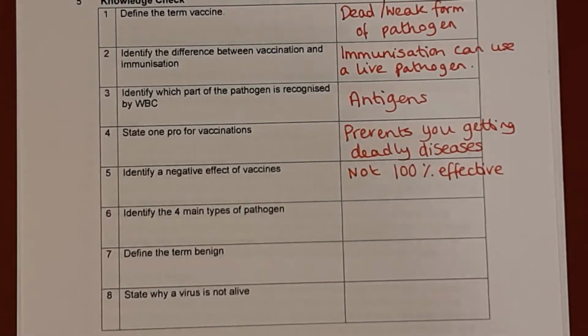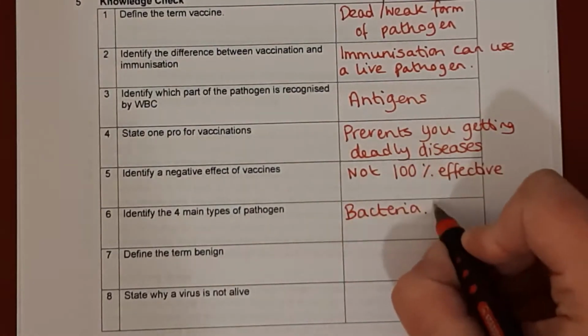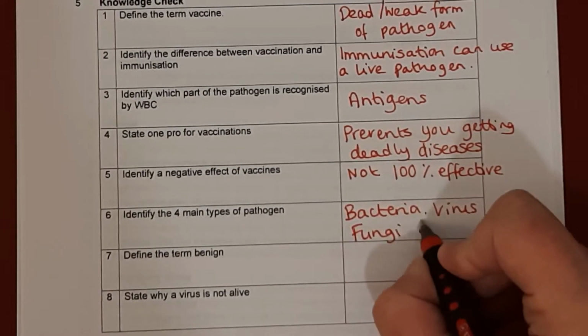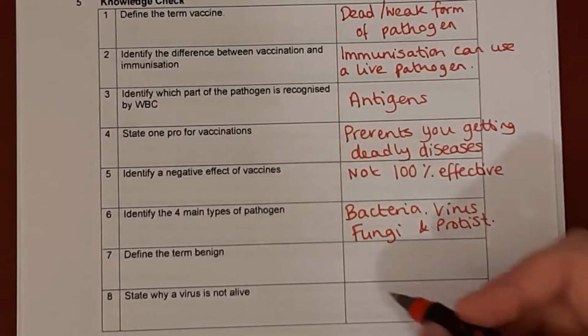Identify the 4 main types of pathogen. So we've got bacteria, virus, protist, and fungi. Question 7. Define the term benign. So a tumour that's benign is non-moving, non-spreading and non-cancerous.